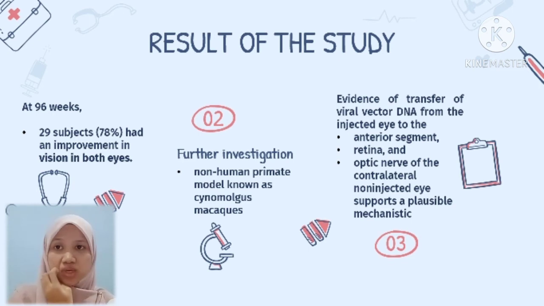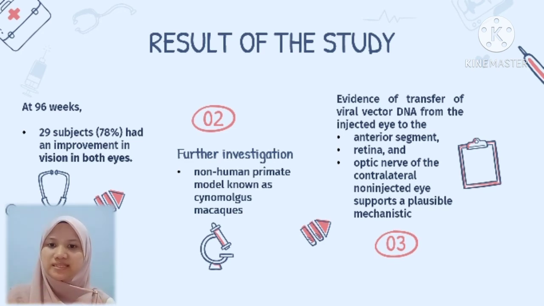At 96 weeks after the unilateral treatment injection was performed, the patients were analyzed and examined. Surprisingly, the treatment went very well, where about 78%, or 29 patients, portrayed a significant vision improvement in both of their eyes. Thus, the scientists did an investigation in a non-human primate model known as Cynomolgus macaques because this species has a visual system that is close to humans.